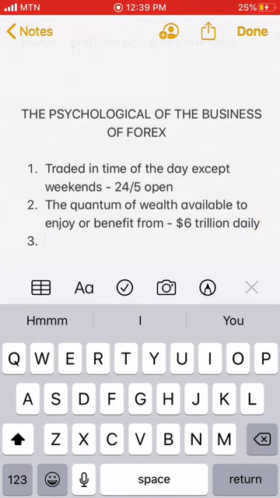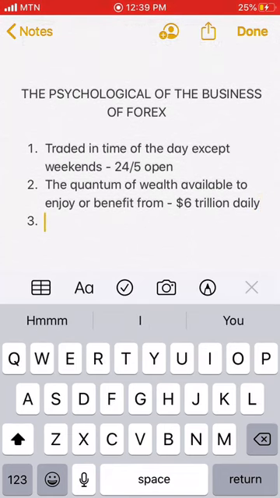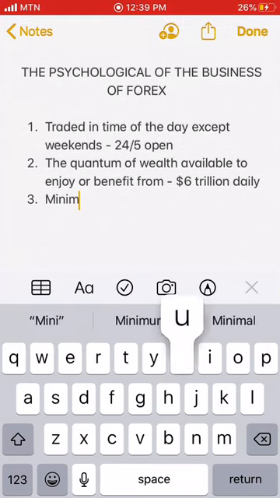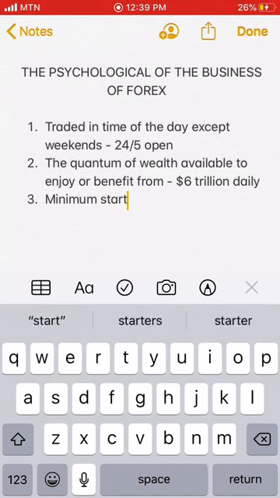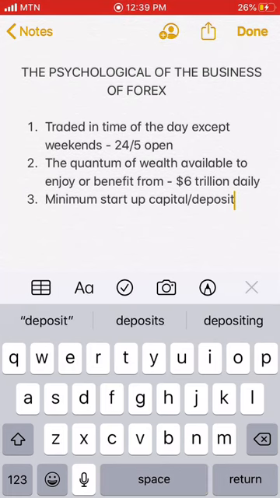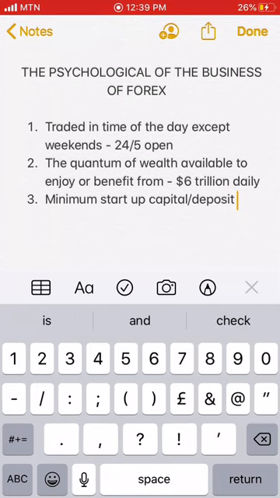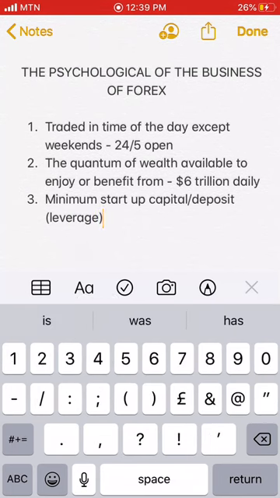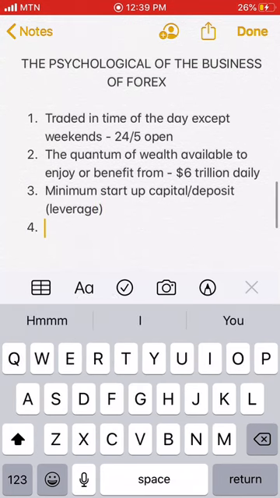There's no market where you can have such a quantum of wealth. Number 3 is the minimum startup capital or deposit. You don't need much. I'll talk about something called leverage later on. That's something beautiful about Forex.